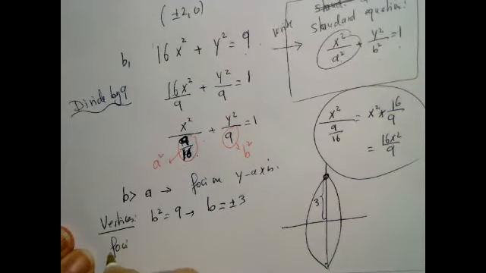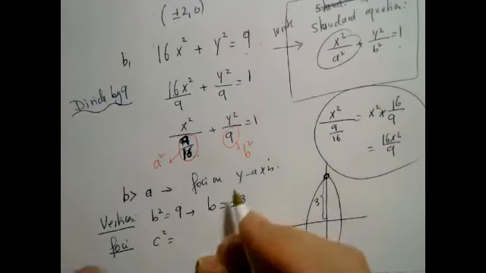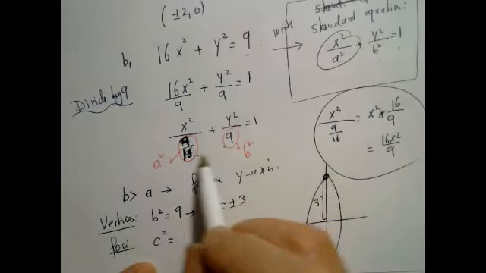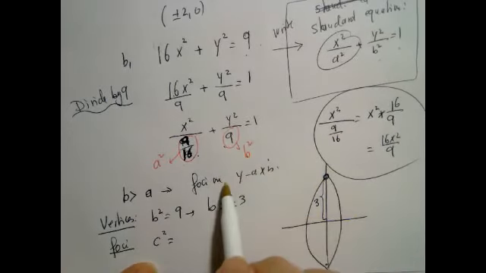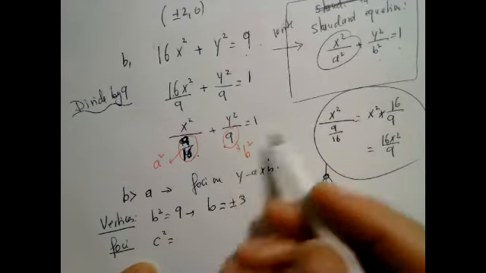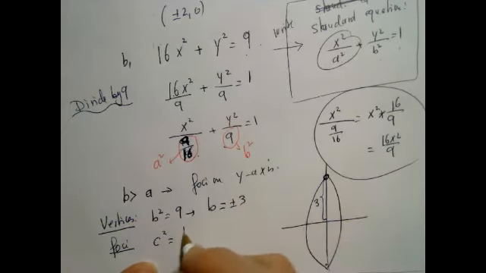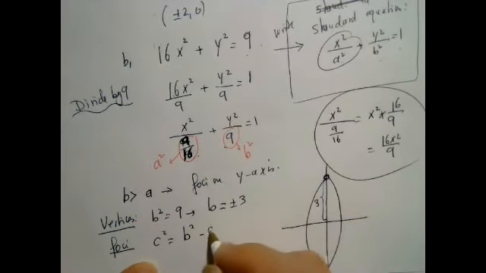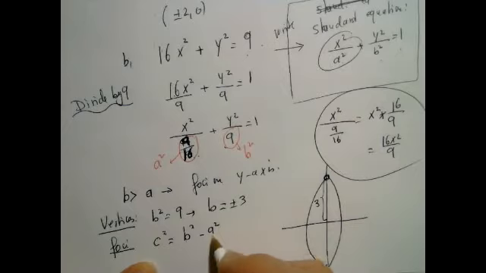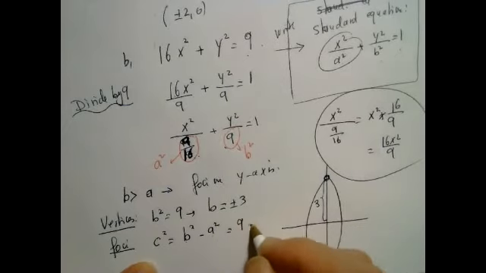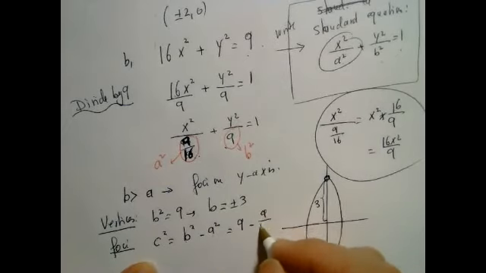All right. C squared is always a squared minus b squared if the foci are on the x-axis. If the foci are on the y-axis, it's the b that plays the role of a. So it's going to be b squared minus a squared, the largest minus the smallest. It means 9 minus 9 over 16.